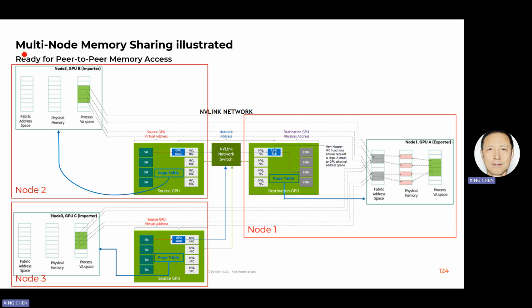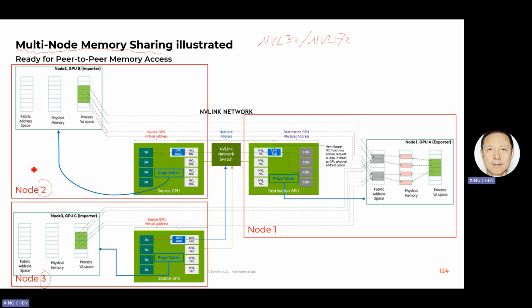What we are talking about here is multi-node memory sharing, targeting this kind of NVL32 or NVL72 systems. We are talking about memory sharing between nodes. Here you have node 2, you have node 3.